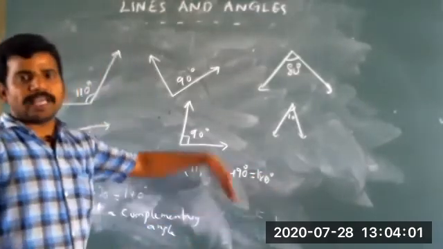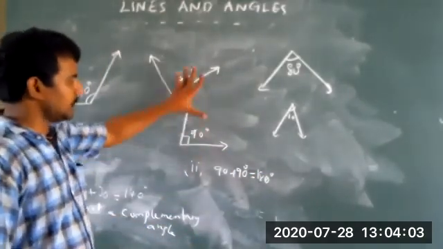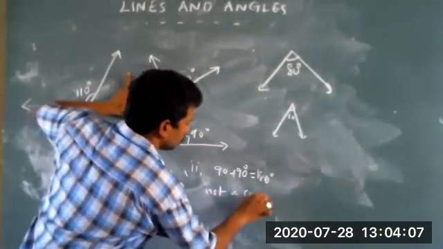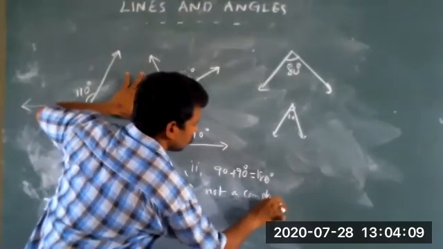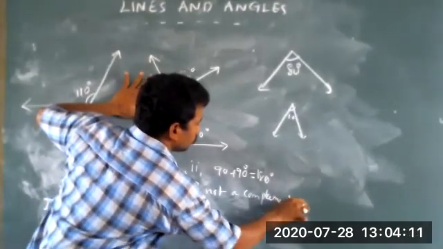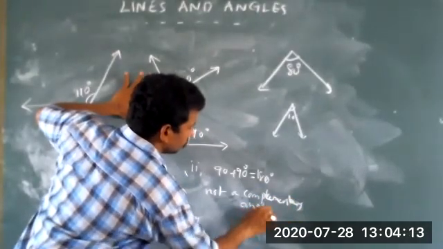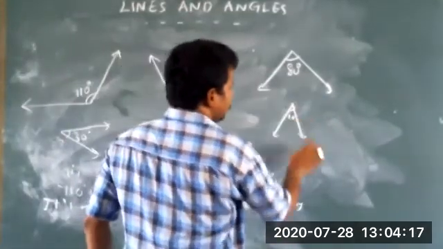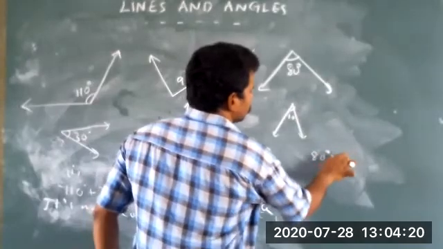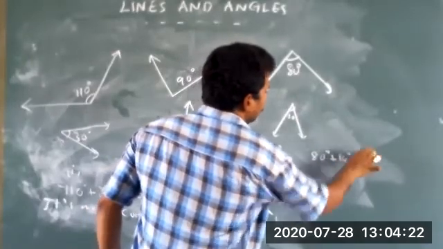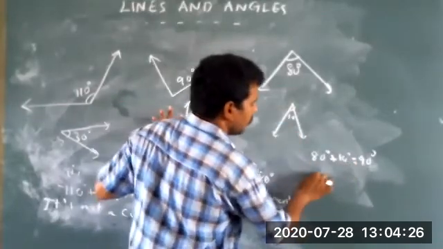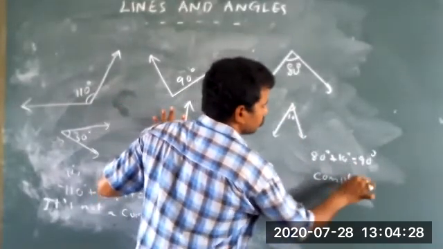This is also more than 90 degrees. This pair is also not a complementary angle. The third one, 80 plus 10 is equal to 90 degrees. So it is a complementary angle. This is a pair of complementary angles.